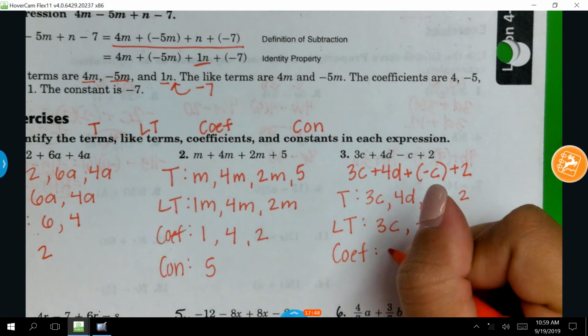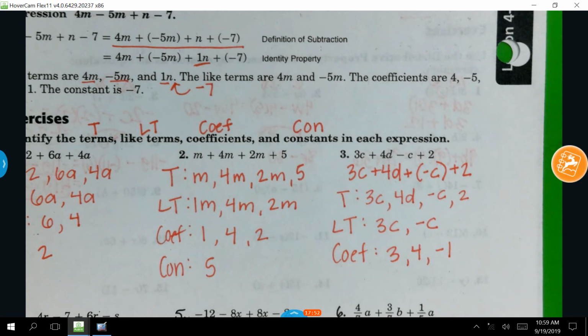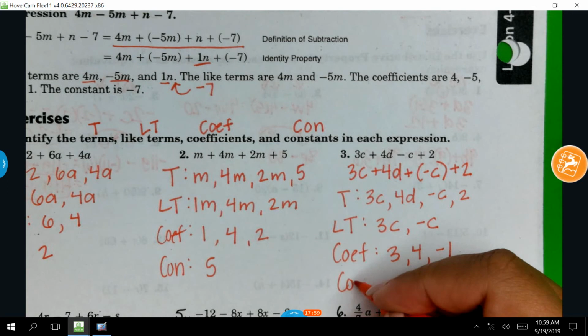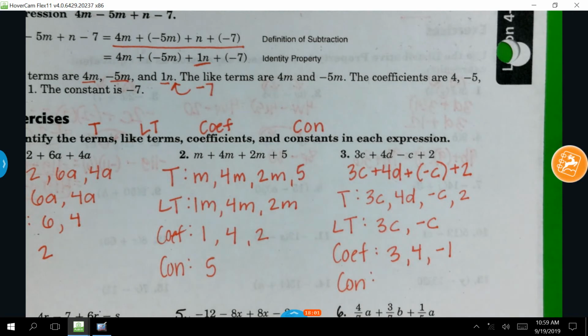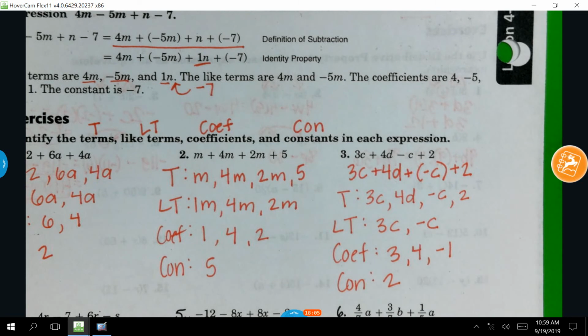Yeah, good. 3, 4, and the tricky one, negative 1. Because that negative C is a negative 1C. And then my constants. 2. Good on that? Okay.